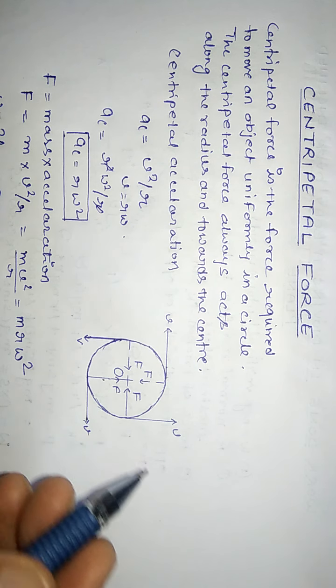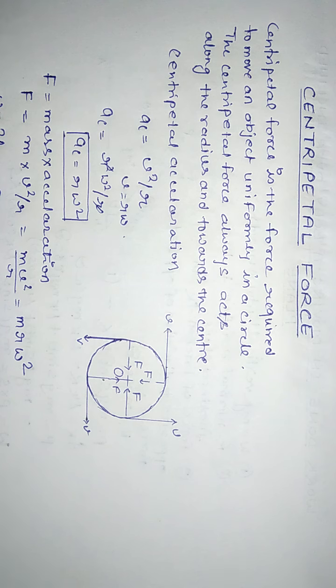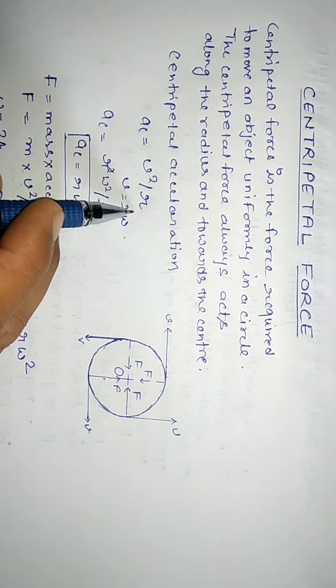So as the velocity changes, it means an acceleration is present here, which is known as centripetal acceleration. And the value of the centripetal acceleration, as we have earlier studied, is given by a_c = v²/R.